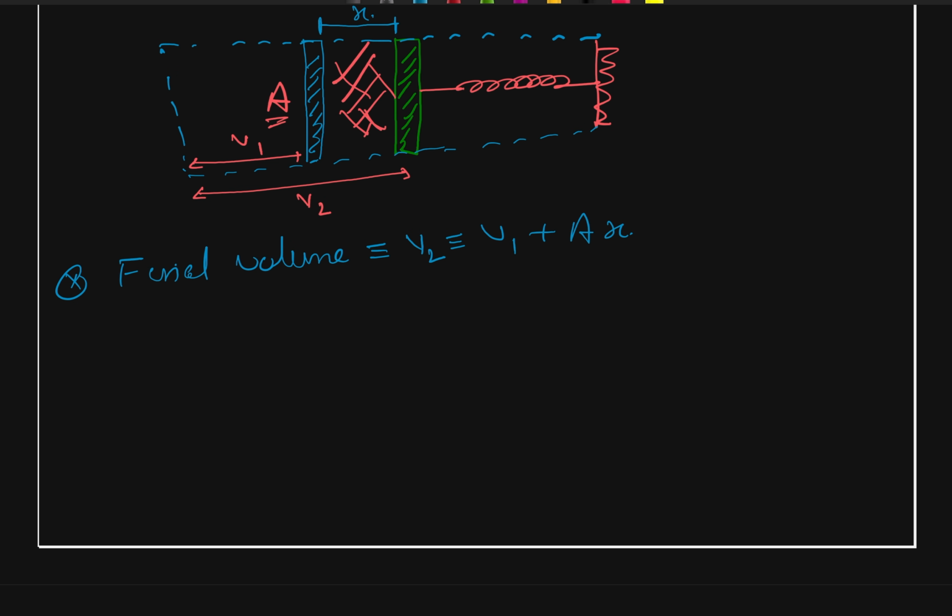So from here we can say that x will be equal to V2 minus V1 divided by the area.